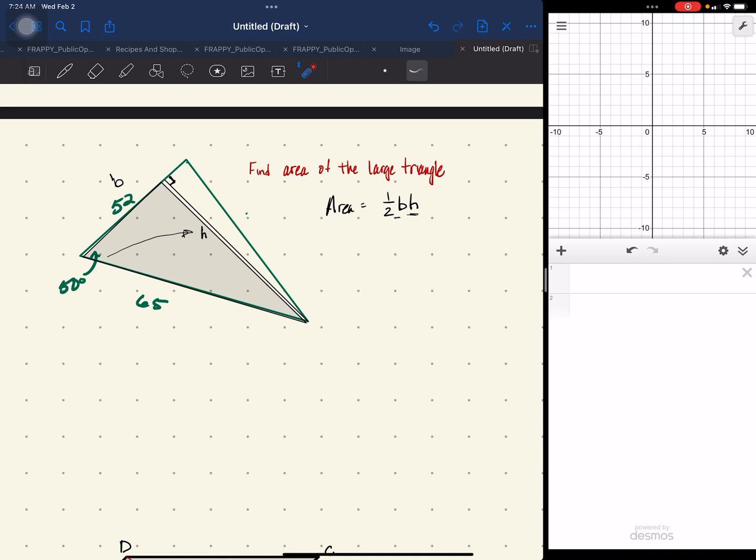Opposite and adjacent goes with TOA. So let's do tangent. So tangent of 50 degrees equals H over 52. Multiply both sides by 52. And you've solved: H is 52 tan 50.